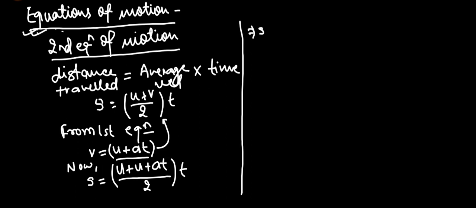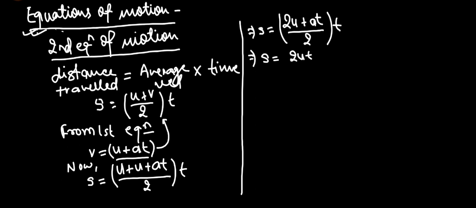s is equal to u plus u, which is 2u plus at, divided by 2 and multiplied by t, which can further be written as s equals 2ut divided by 2 plus at square divided by 2.